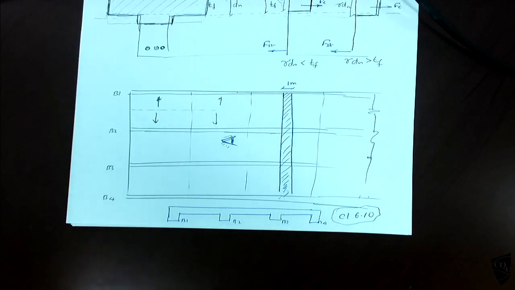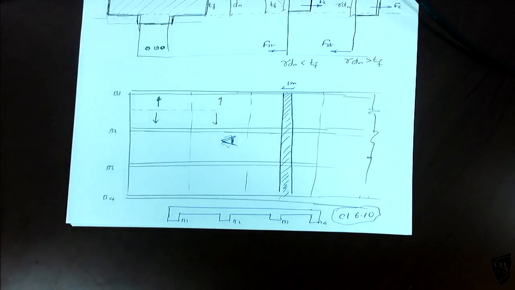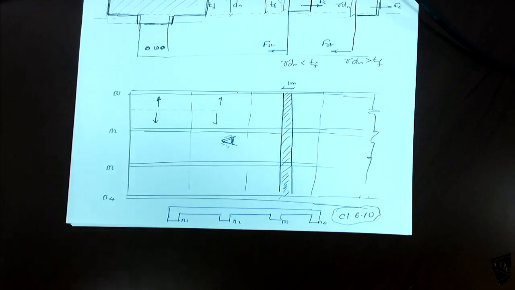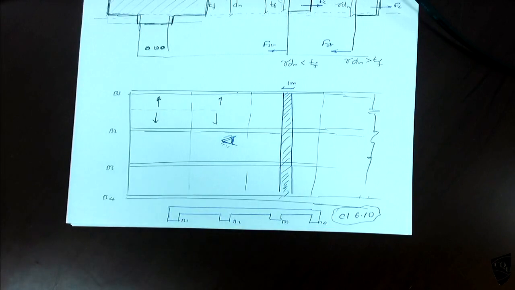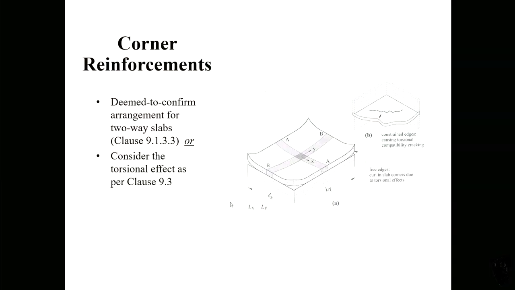If you know the rectangular beam, the one-way slab is quite straightforward. It is a 1 meter strip we take, and that becomes a 1 meter width beam supported by these beams. So that is quite easy.